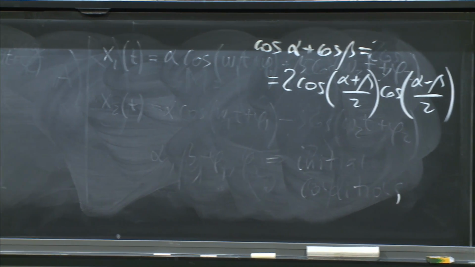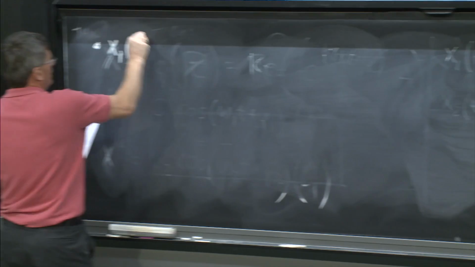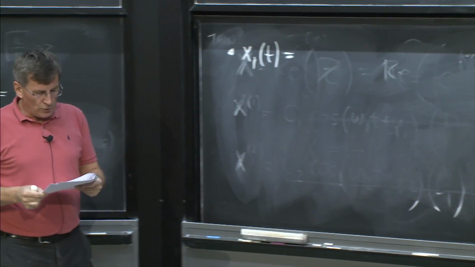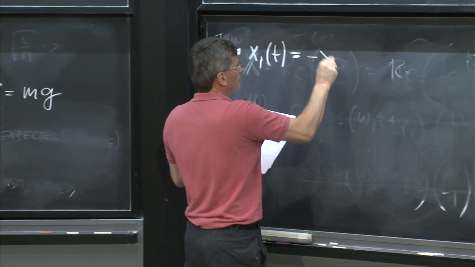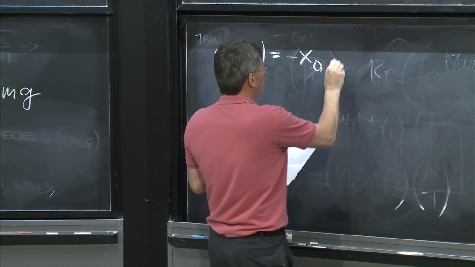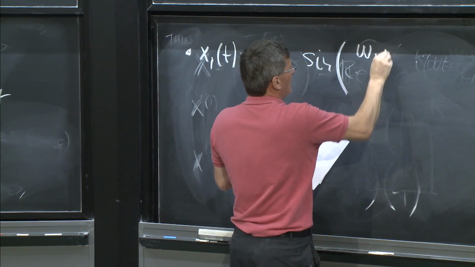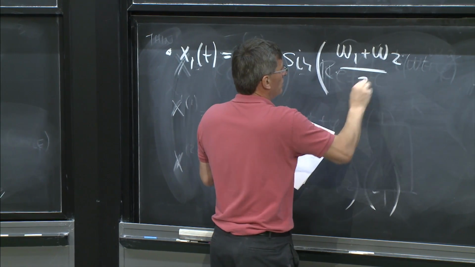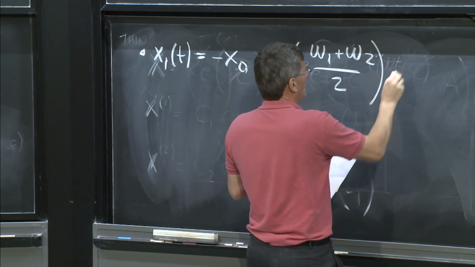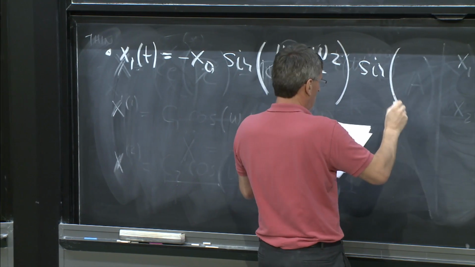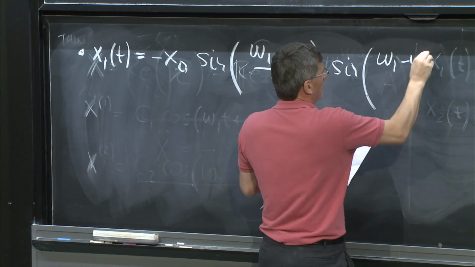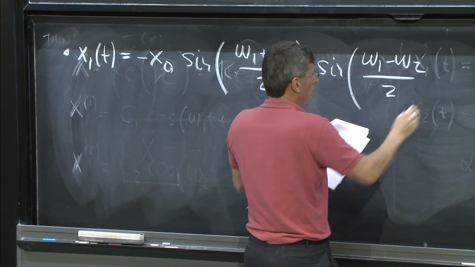And what you get is x1 of t is equal to minus x0 sine of (omega 1 plus omega 2) divided by 2 times t, times sine of (omega 1 minus omega 2) divided by 2 times t.